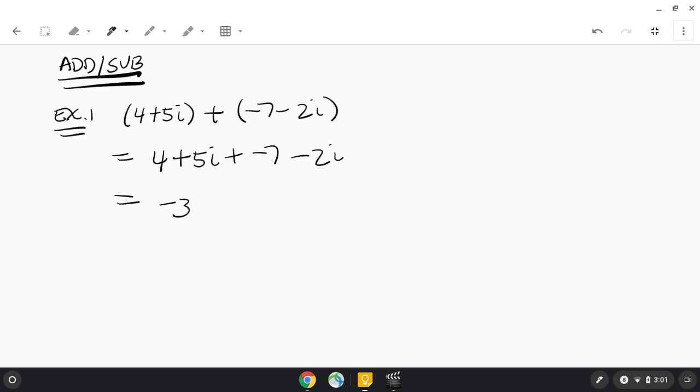Okay, the real part being 4 and -7. So it's almost like combining like terms. And then I would combine the imaginary parts, 5i and negative 2i. Okay, so this is what we would get.